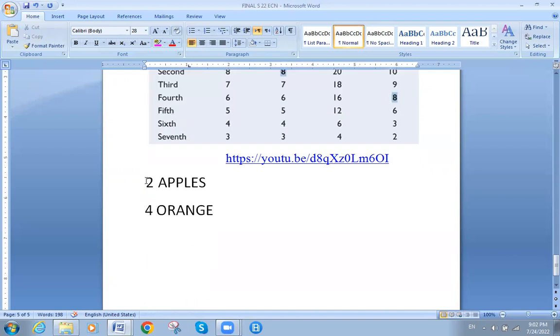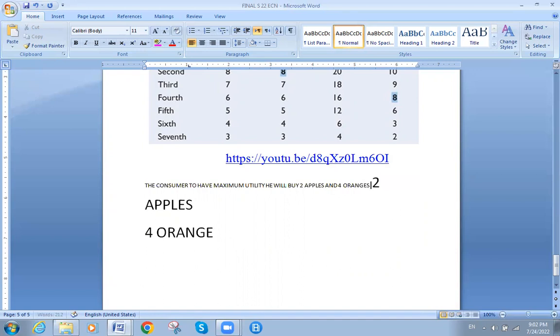So to get the meaning of this, the consumer, to have maximum utility, he will buy 2 apples and 4 oranges, whatever the unit was, a kilo or whatever.